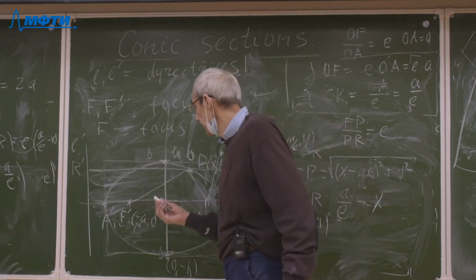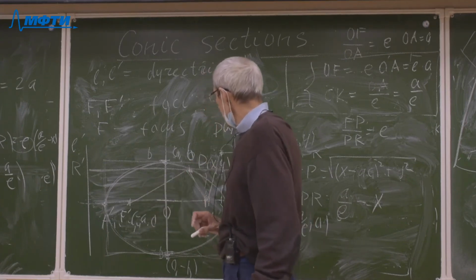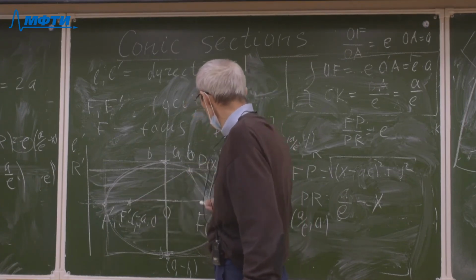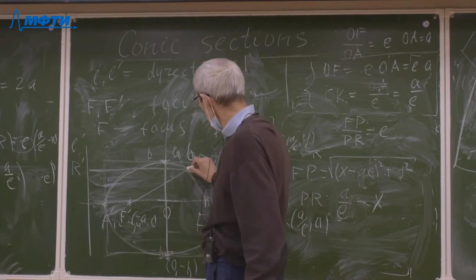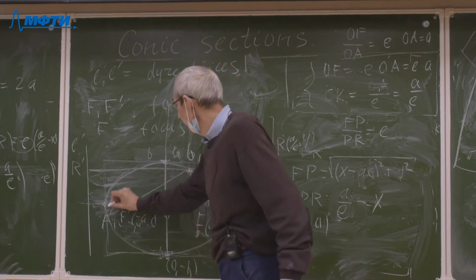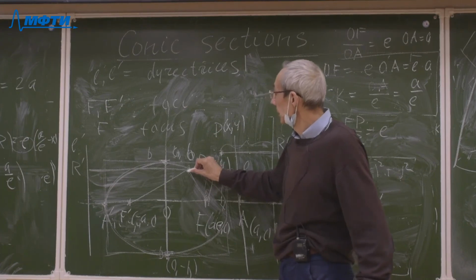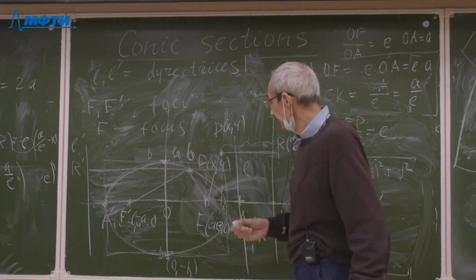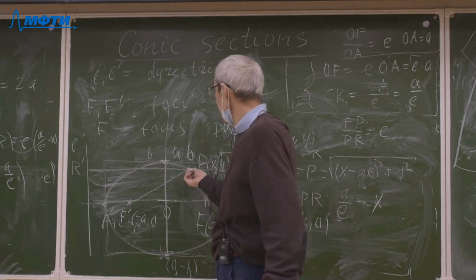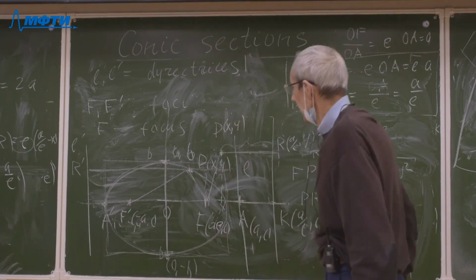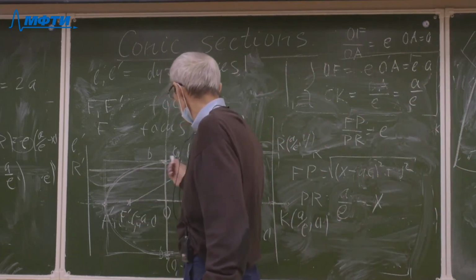We can use the following naive picture. We have a rope and a pencil, and we tense this rope and move this pencil such that this string is tense, and the figure which this pencil draws is the ellipse.